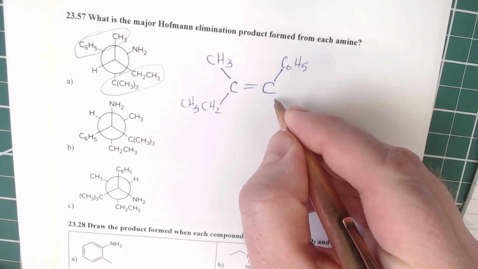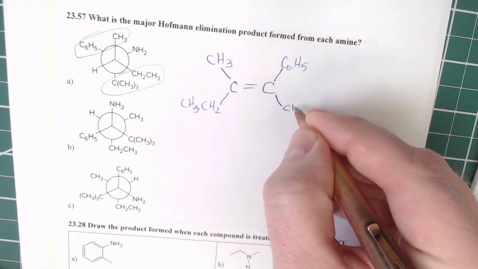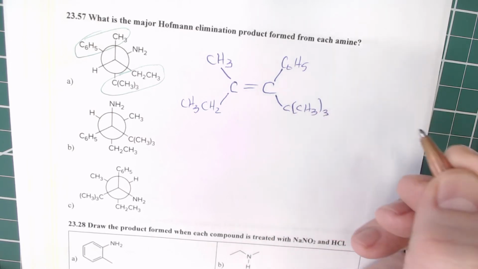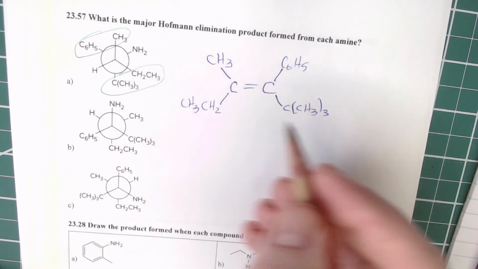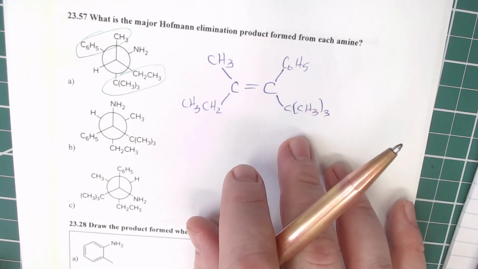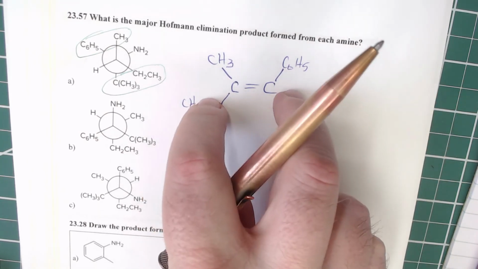And then our tert-butyl group is on that same carbon. So we'll have that tert-butyl group that is there. All right, and so that's the particular diastereomer that we get with this particular elimination.